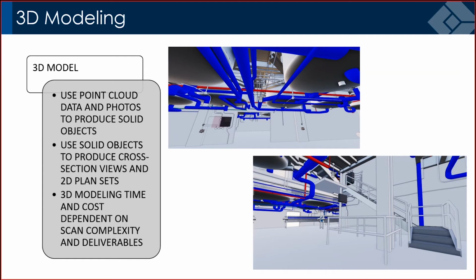In the picture you see now, we did have to create family content as well. But again, that software helps with that. We can isolate equipment that's in the point cloud so that we can create those families.